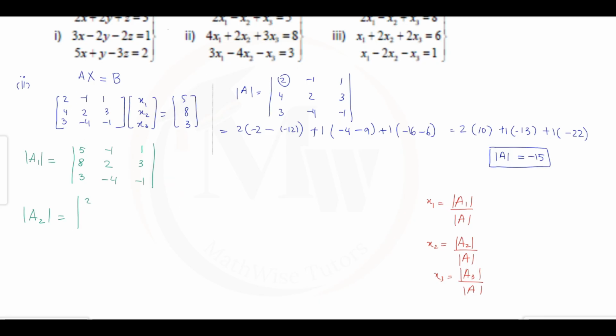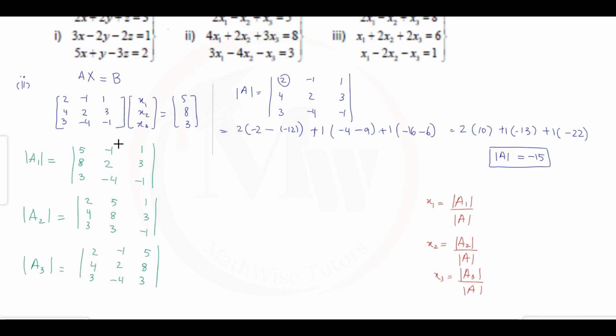It becomes 2, 4, 3, then the second column 5, 8, 3, and the other the same, 1, 3, minus 1. Similarly, A3 can be made by replacing the third column. The first two remain the same, 2, 4, 3, minus 1, 2, negative 4, and the third is 5, 8, 3.